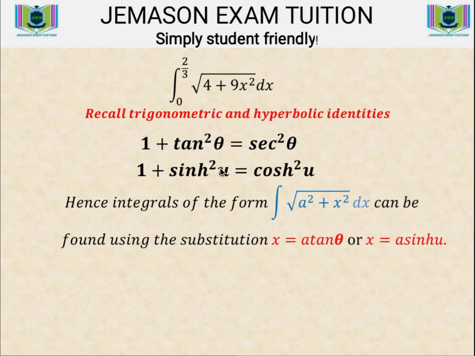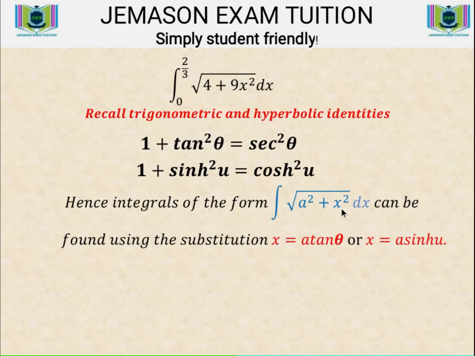You consider there is a relationship between these two identities and the sum of squares that we have in the radical sign. The left hand sides of the two identities also have a sum of squares, and that is why they will be appropriate for this substitution.